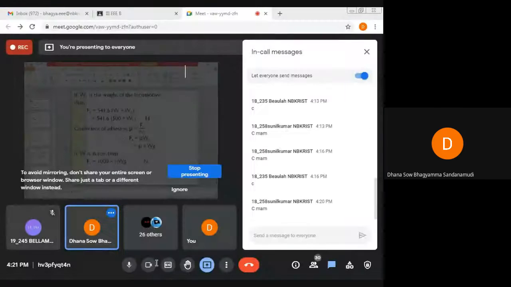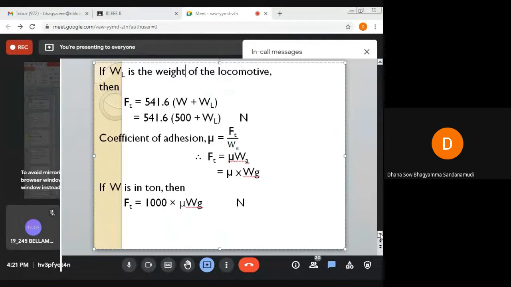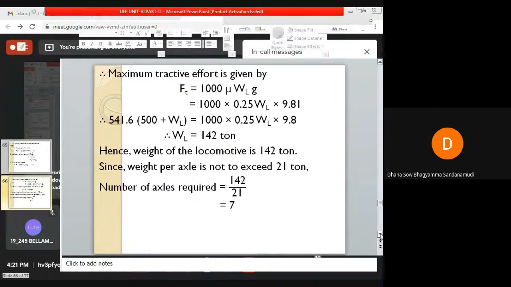Okay. Now we can determine the maximum tractive effort. That is nothing but 1000 into mu into WL into G, where WL is the weight of the locomotive.